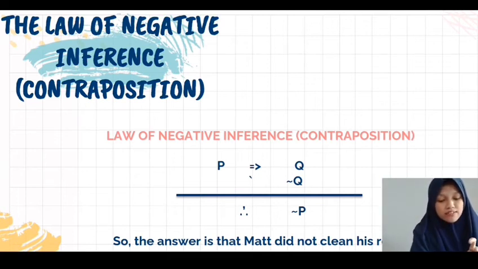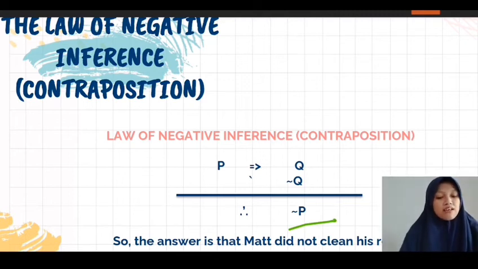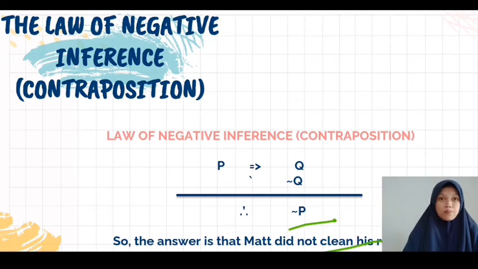This backdoor reasoning is based on the fact that the truth of P then Q implies the truth of not Q then not P. So, you can see the law of negative inference, contraposition: P then Q, and not Q, gives not P. So, if Matt does not get to go to the movie, the conclusion is Matt did not clean his room.